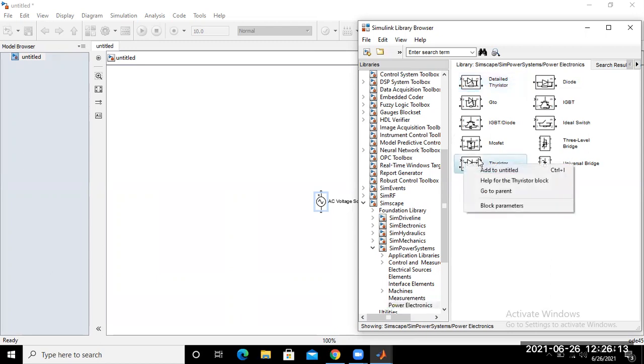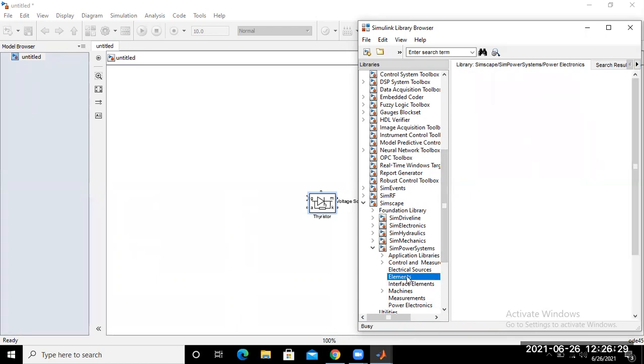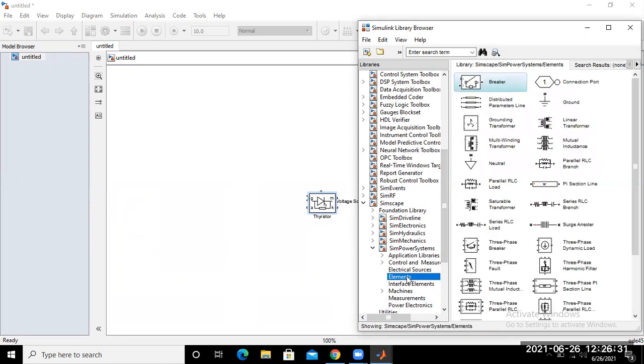Just place the thyristor and add it to the untitled model. Next, what do we require? Load. So go to the elements. Various types of electrical load are available here. We choose the series RLC branch, so click here and add.